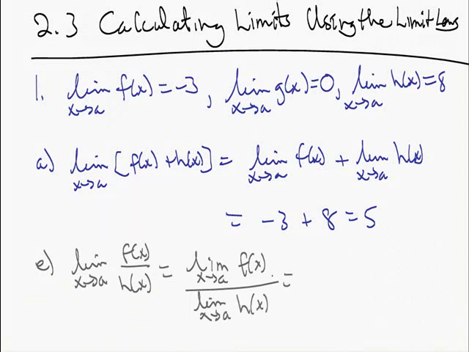Now, the limit as x approaches a of f of x is -3. The limit as x approaches a of h of x is +8, and so we get -3/8. Remember, the only thing we'd have to worry about here is if the denominator limit is 0, then the overall limit would be undefined, but that's not the case here. So I think we get the idea of using those basic limit laws as seen in number 1.